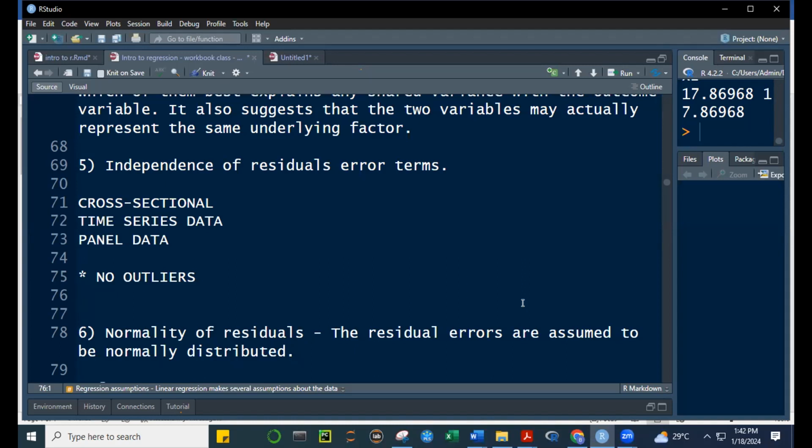This is where related terms come in, like leverage points, which we'll discuss, and influential data points, as far as outliers are concerned.